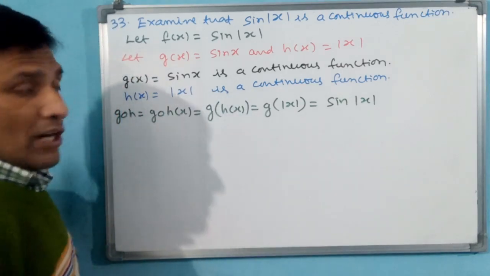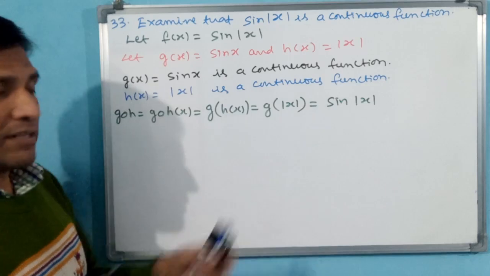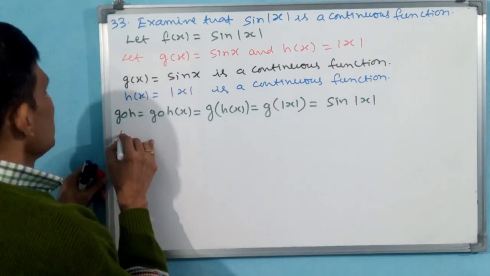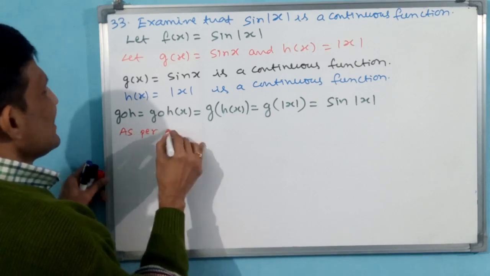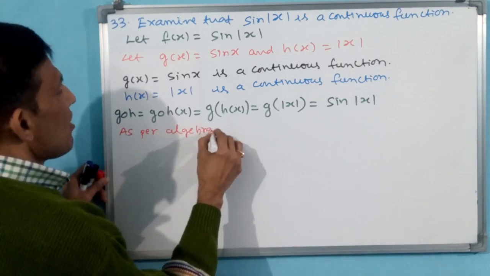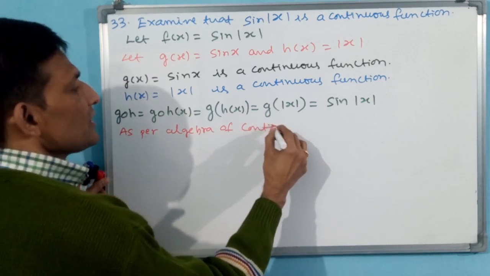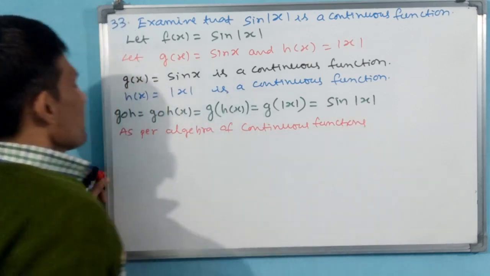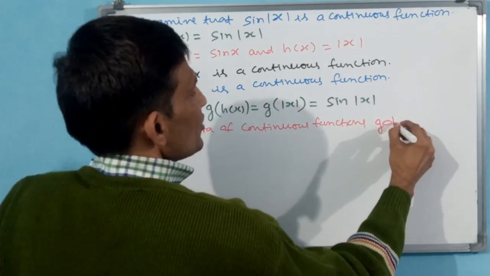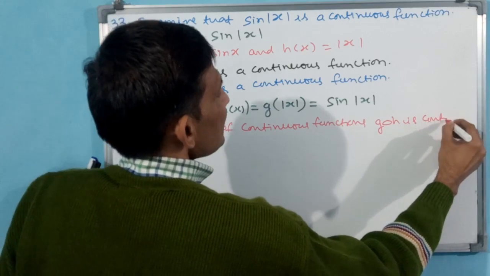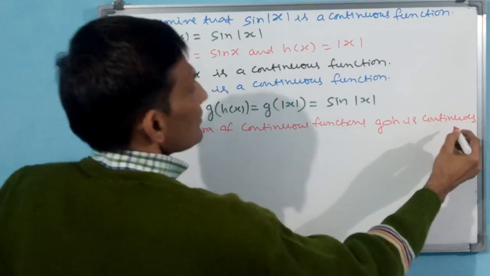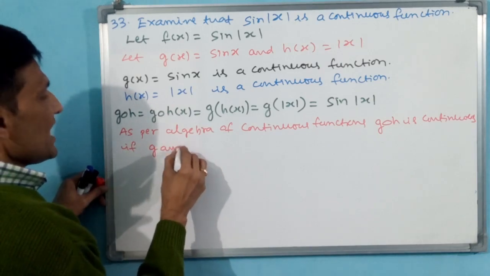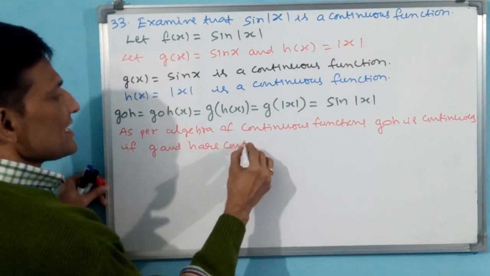Now you have written this, but what you are going to write now? As per algebra of continuous functions, g o h is continuous if g and h are continuous.